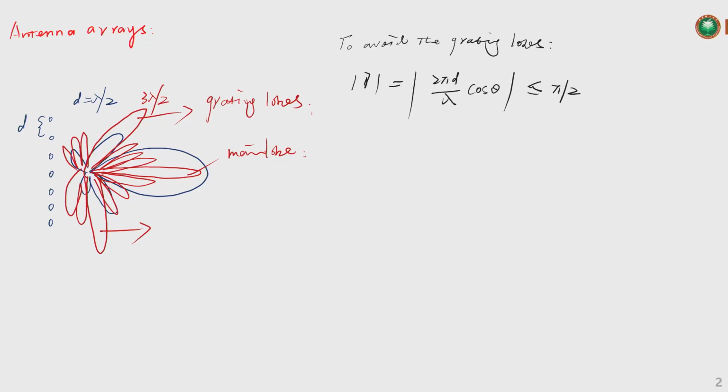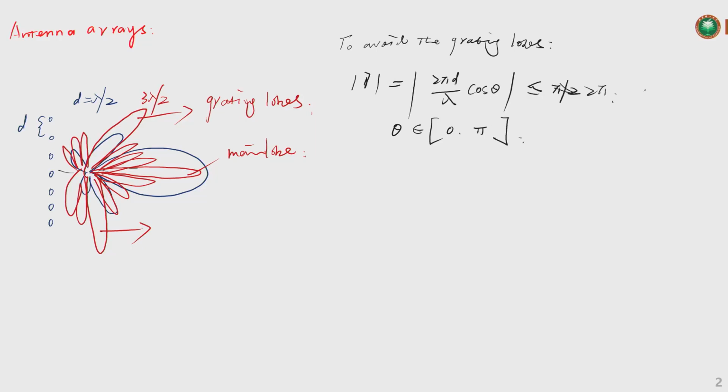Over the visible region, theta varies from 0 to pi.